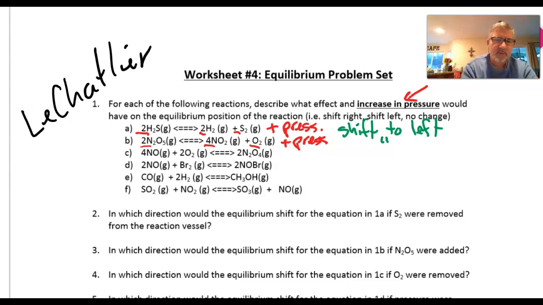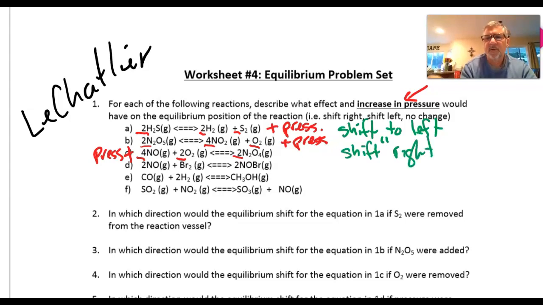Alright, look at C. 4, 5, 6, and I have 2. So I have higher pressure on that side. If I add pressure, I'd be adding it to the side with more pressure, so this should shift right.